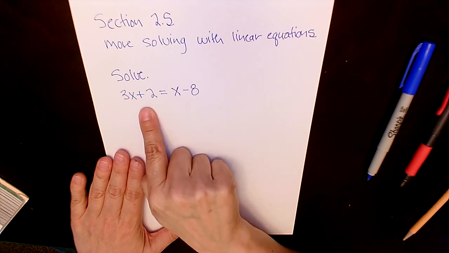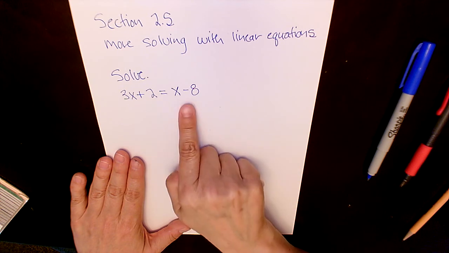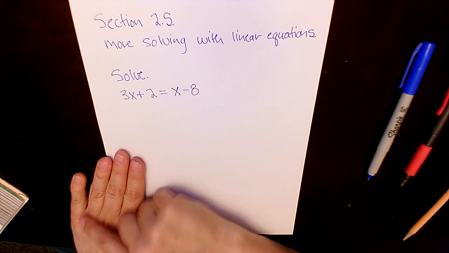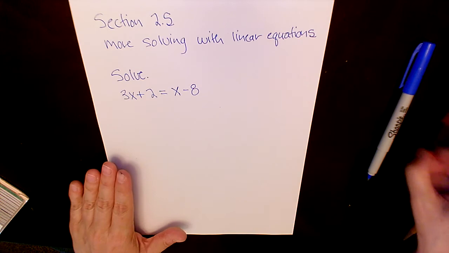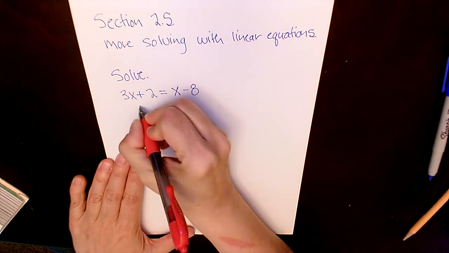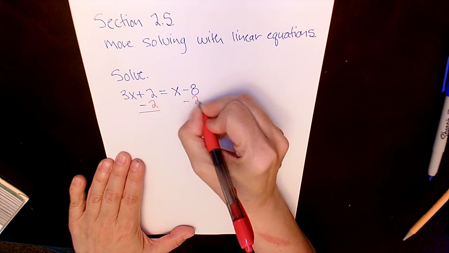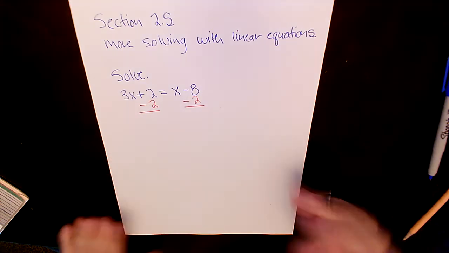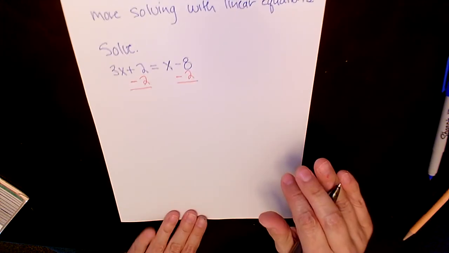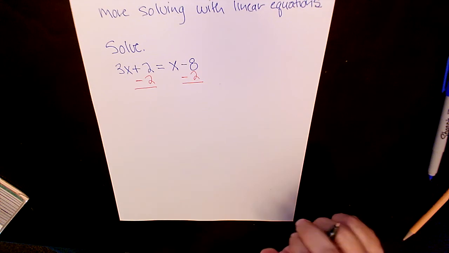So I can either subtract a 2 or add an 8. I think I'm going to subtract 2, and it's up to you. You can do either way. It'll all come out to be okay in the end.